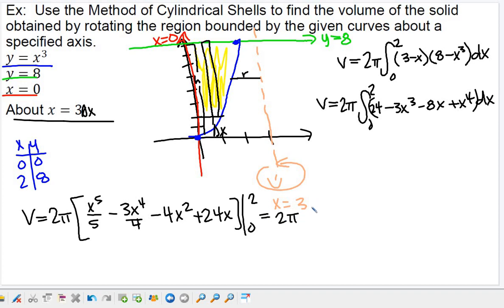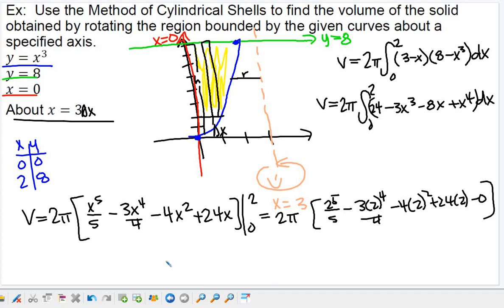So we have 2 pi times 2 to the 5th over 5 minus 3 times 2 to the 4th over 4 minus 4 times 2 squared plus 24 times 2 minus 0. So 2 pi, 32 over 5 minus 2 to the 4th is 16, divided by 4 is 4, minus 12, plus 24 times 2 is 48.